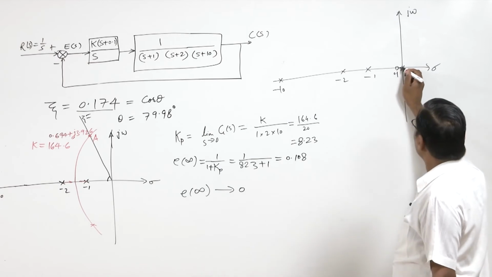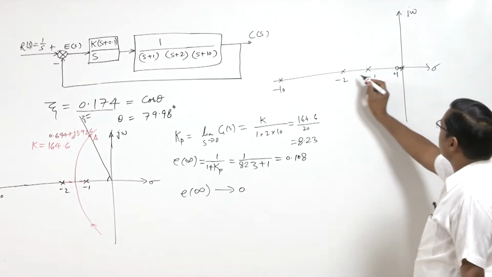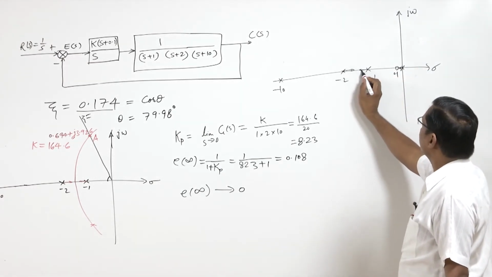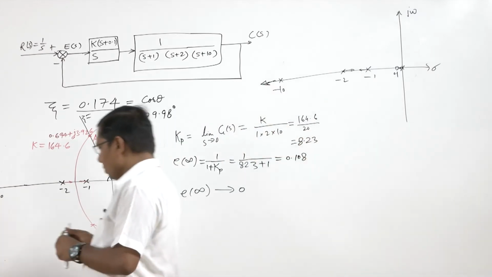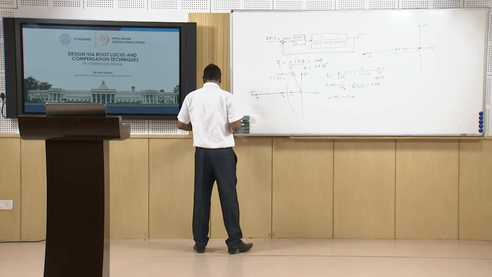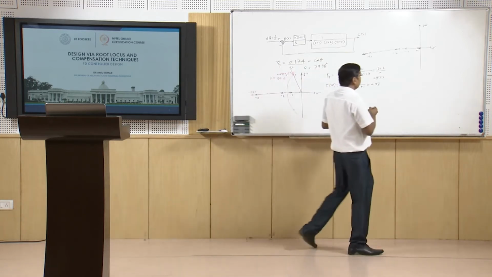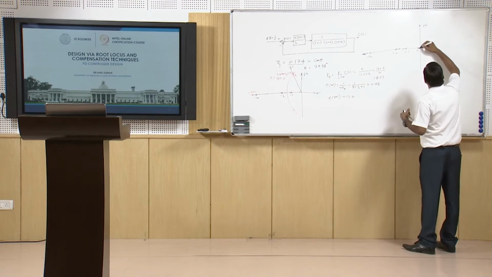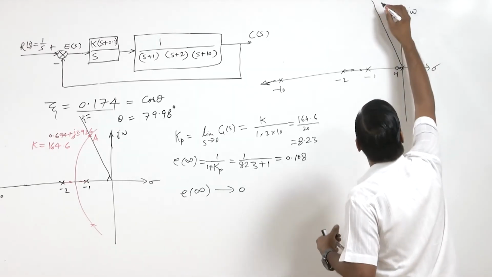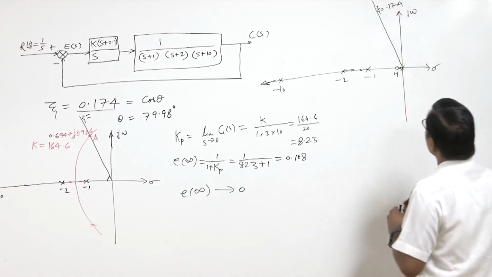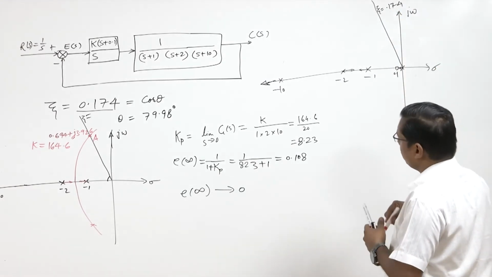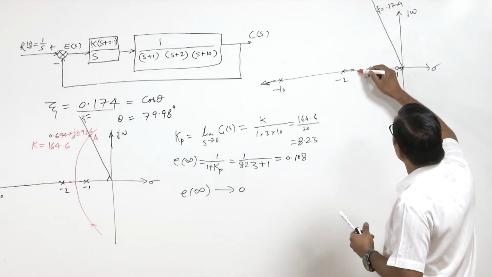This root locus will start here at the pole and end at this zero. This is the zeta equal to 0.174 line, and the root locus is going to cut this line.